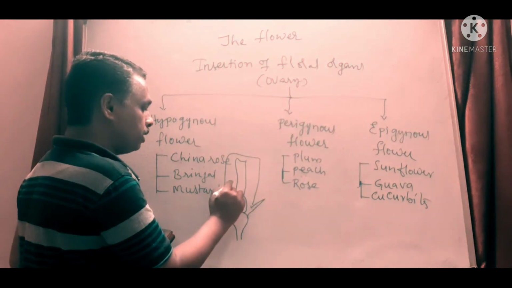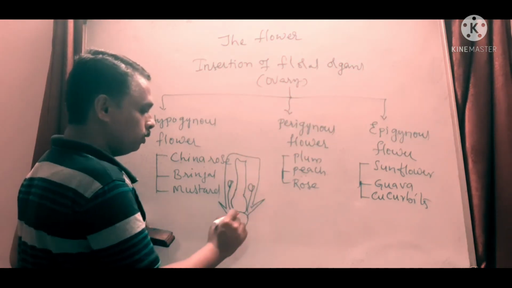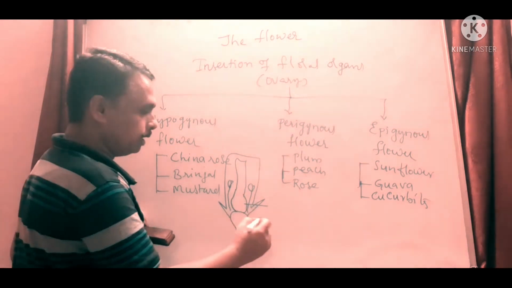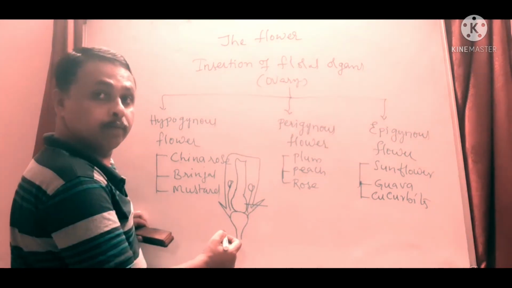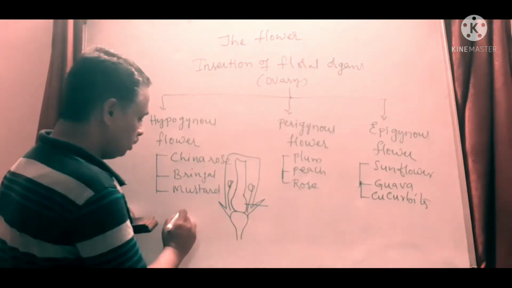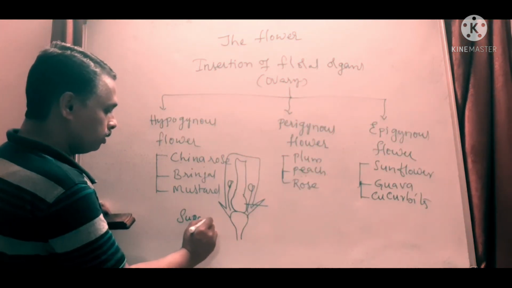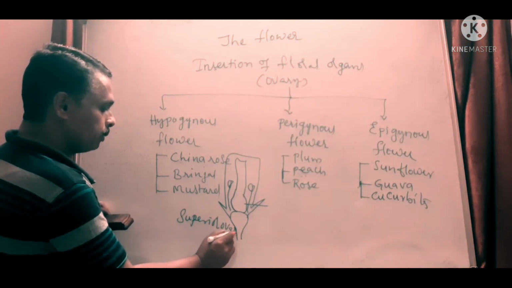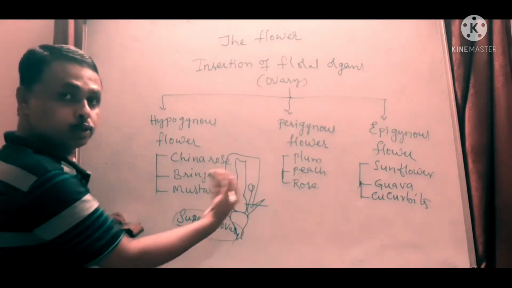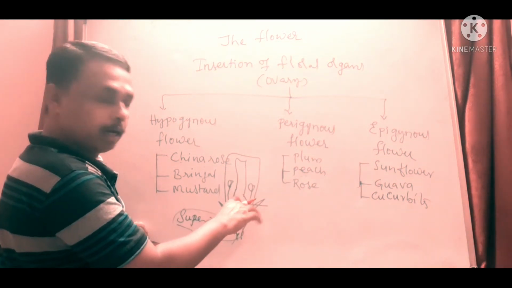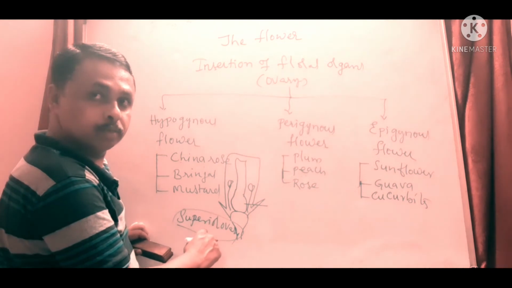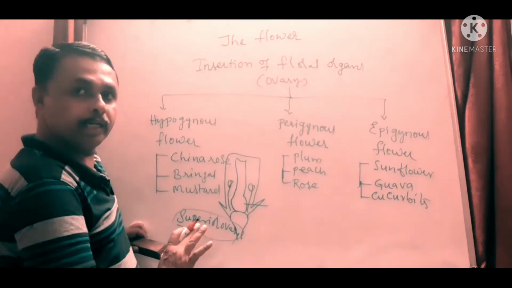They will be arranged from the lower position of the ovary. So now the ovary is superior. That's why it is a superior ovary. In a hypogynous flower, the ovary position is superior over the other floral members. Such a flower is called a hypogynous flower.